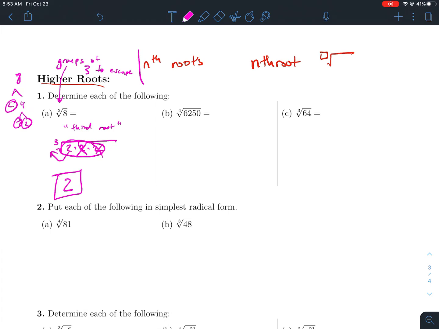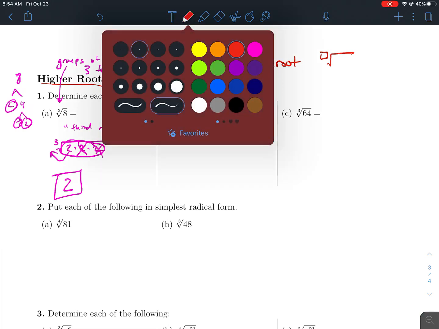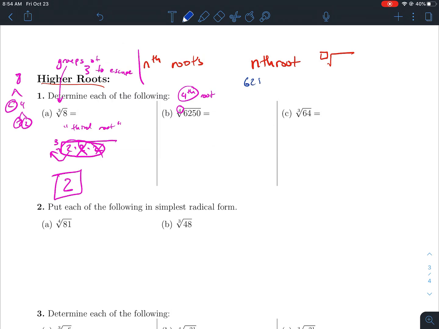For this one here, we've got the 4th root of 6,250. Wow. Okay, so it's 4th root. So this time they're going to try to escape in groups of 4. Okay, we got to break this down the same way that we did before. 6,250 can be broken into 625 and 10. You can use your calculator to do some of those divisions. Probably 2 and 5 are the easiest to notice here.